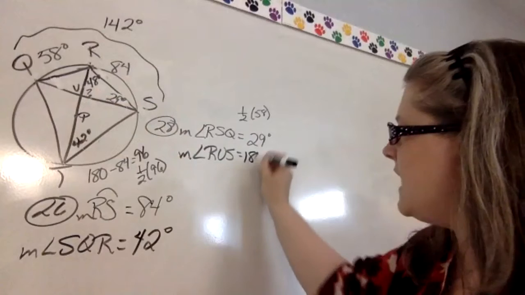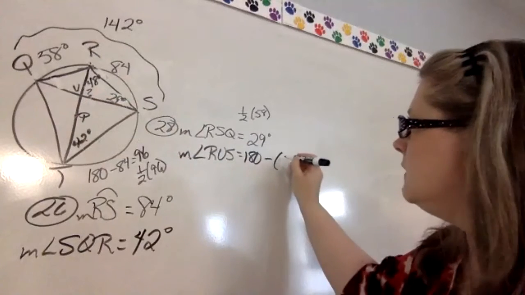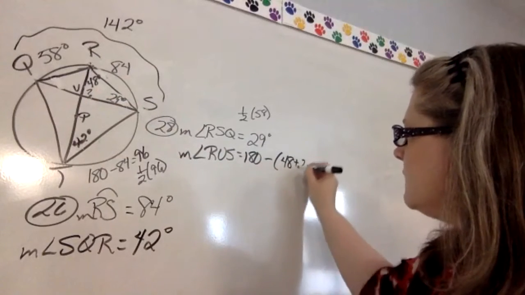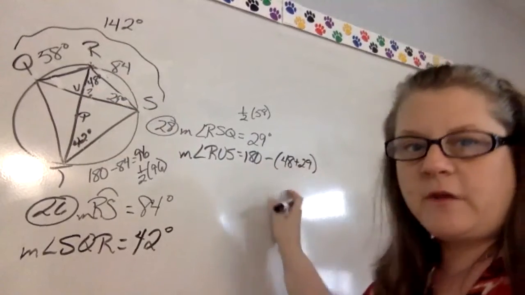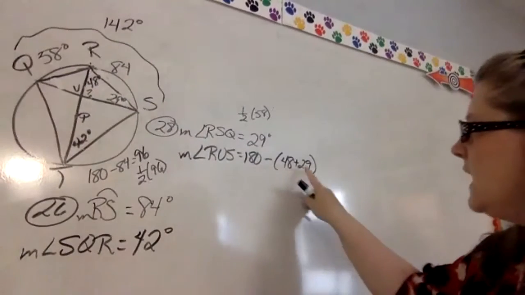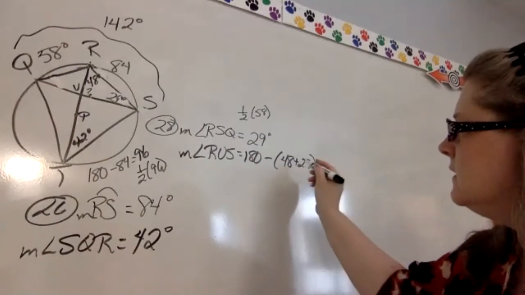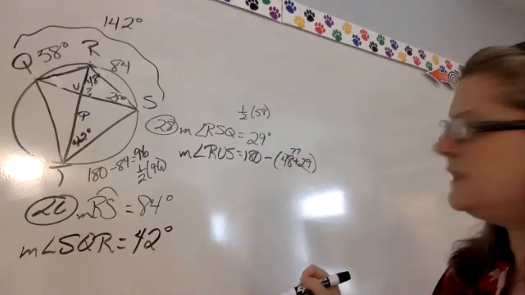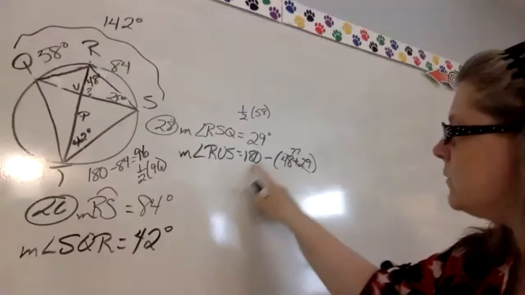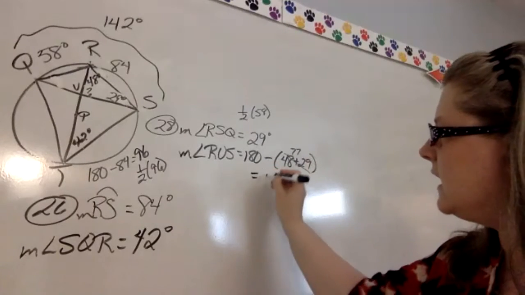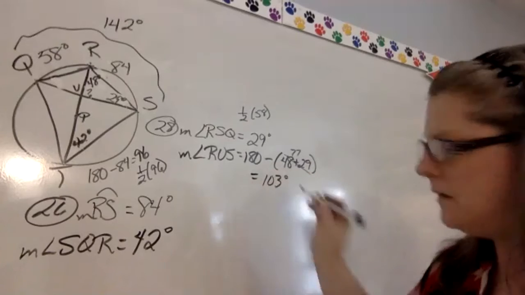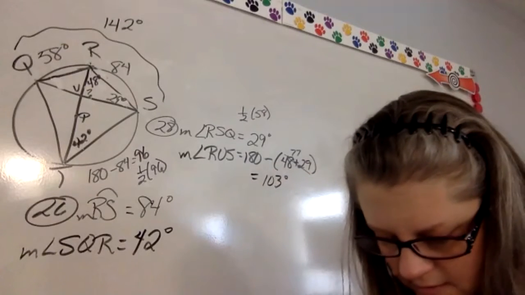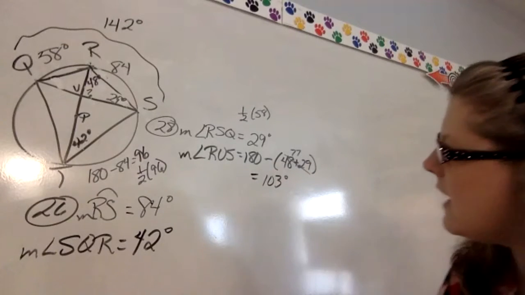So it's 180 minus 48 plus 29. So you add those two together first. 48 and 29 is 77. And then you subtract 180 minus 77 and get 103. 103 for angle RUS.